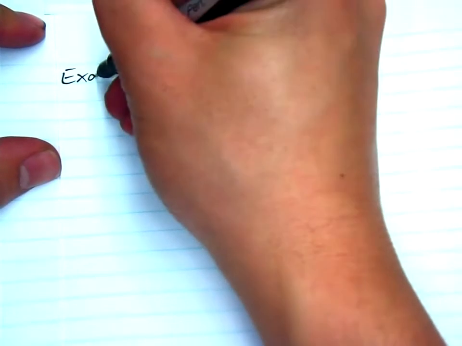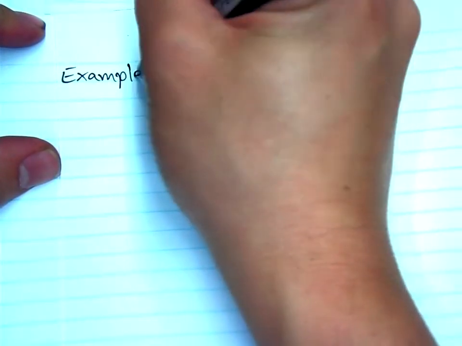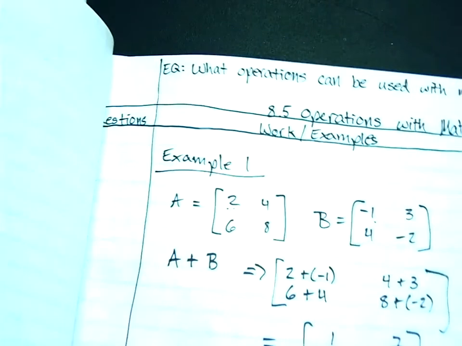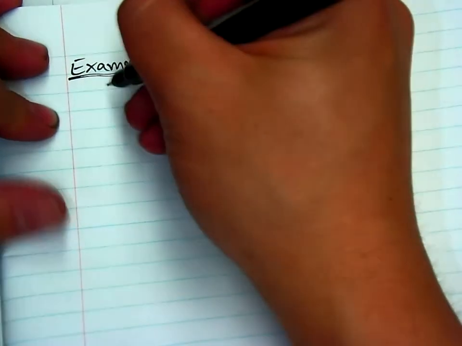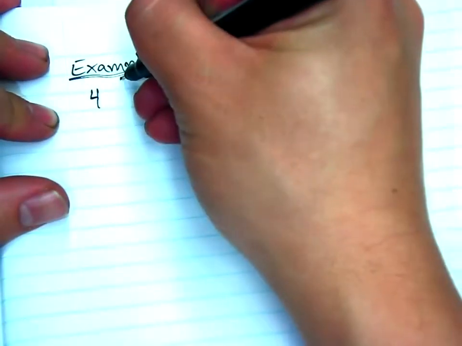And just like in Algebra 1, the whole idea of the distributive property is to distribute that coefficient, or in this case the scalar, to the entire matrix. What example am I on? I am on 4. Alright, so let's go ahead and do 4.